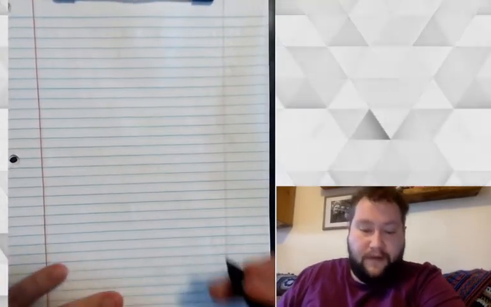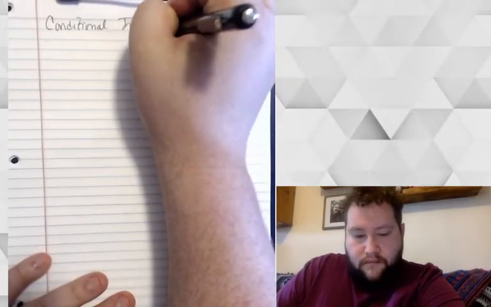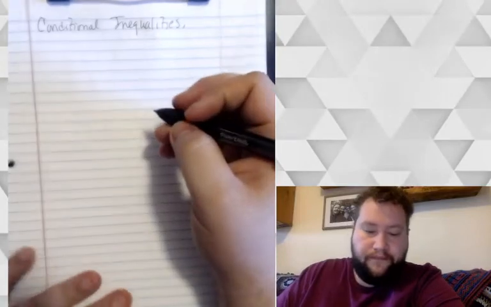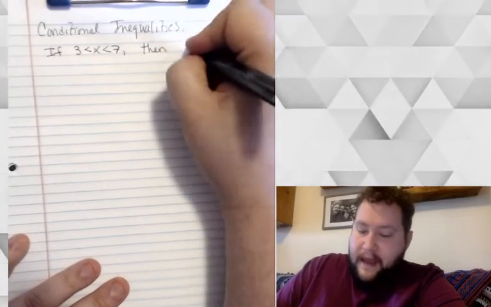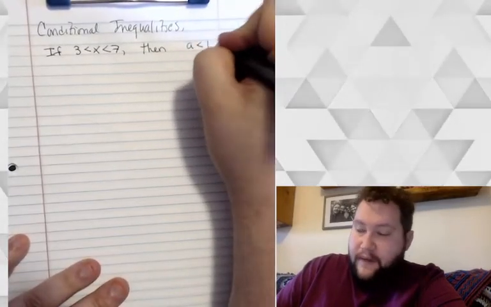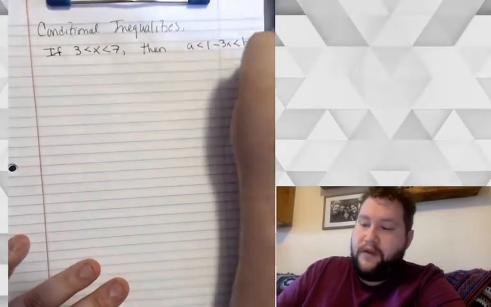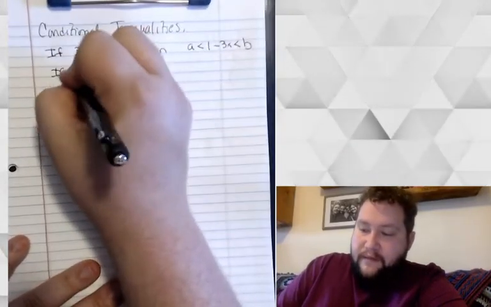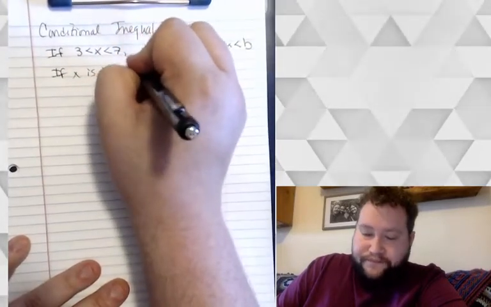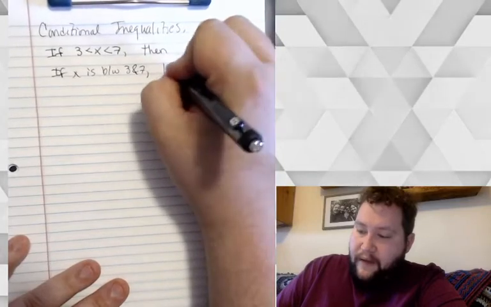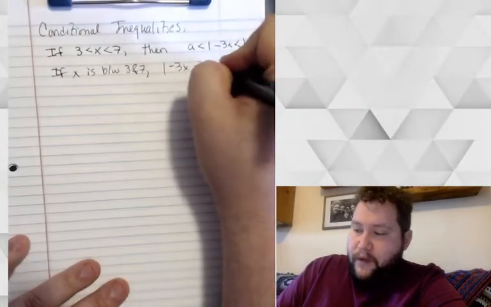Now we just have two more types to look at. We have conditional inequalities. It looks like this. If x is between 3 and 7, then where is 1 minus 3x between? Or in other words, if x is between 3 and 7, 1 minus 3x is between what?